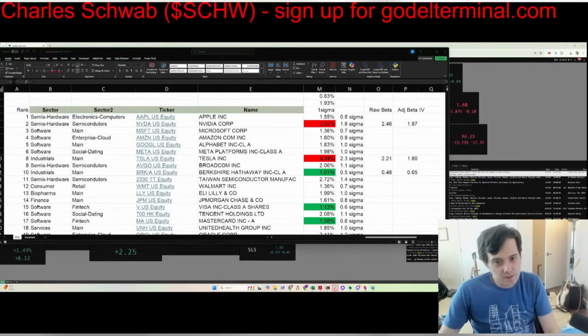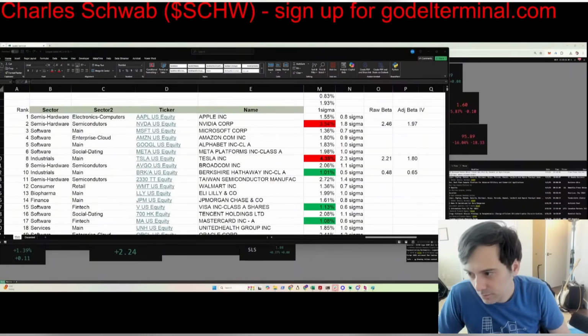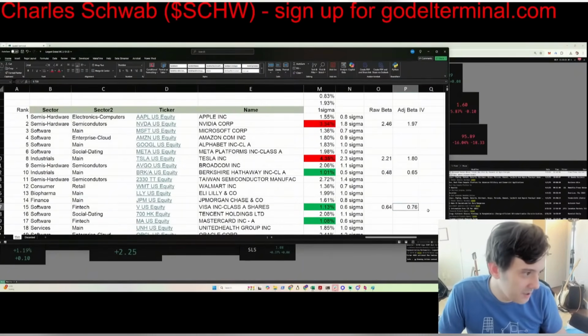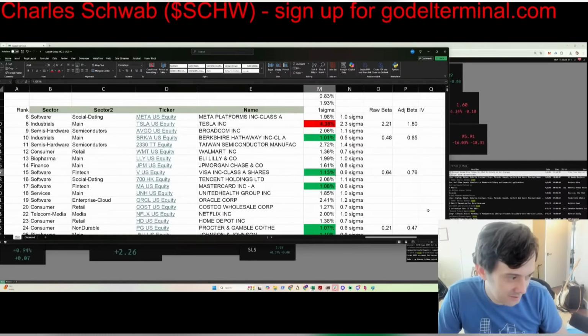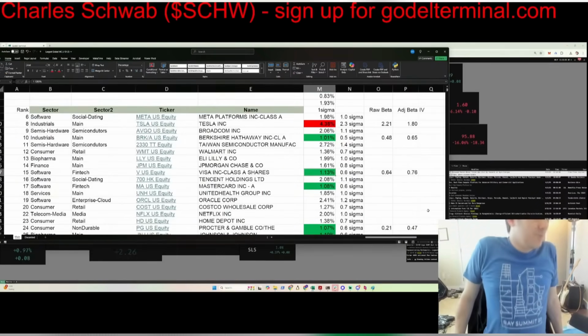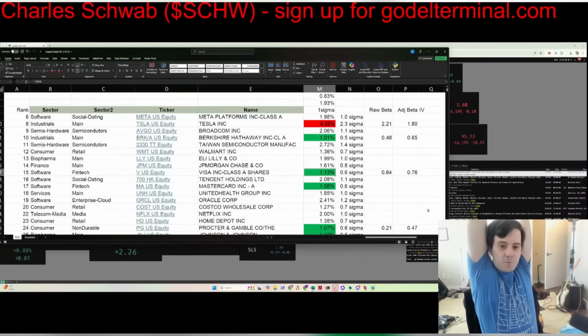But let's look at Visa's beta. Visa's actually, so it's really interesting. Visa has higher beta, still not 1, but it's got more beta than Procter, but the same return dynamics. Isn't that interesting? So they both move around the same amount, but Visa has more correlation to the market.